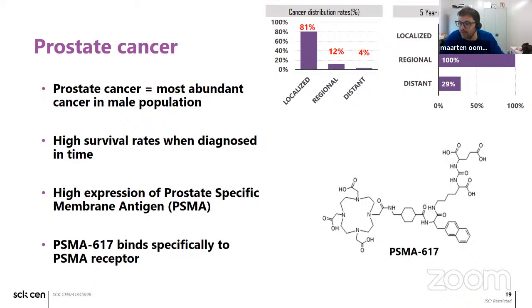The numbers don't really matter, but it is a compound that binds specifically to the PSMA receptor. As you can see, there is a chelator here, so we can radiolabel it with some metals. It has been radiolabeled with lutetium-177, but the more dramatic results have been shown with actinium-225, which is an alpha emitter and has a very high potential for treatment.